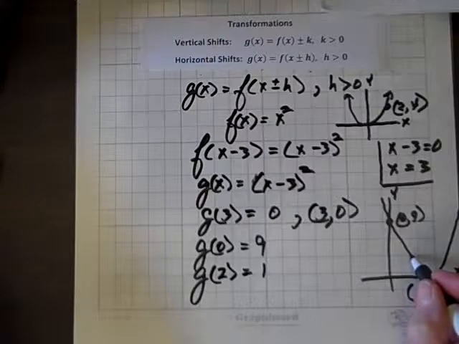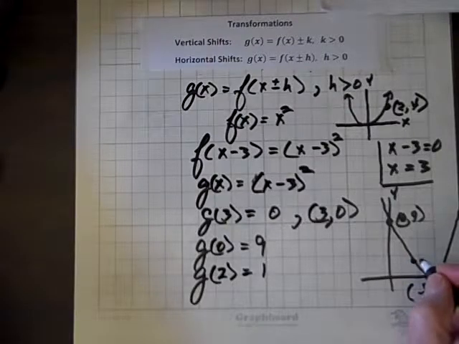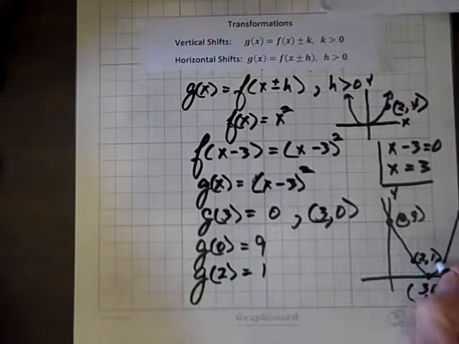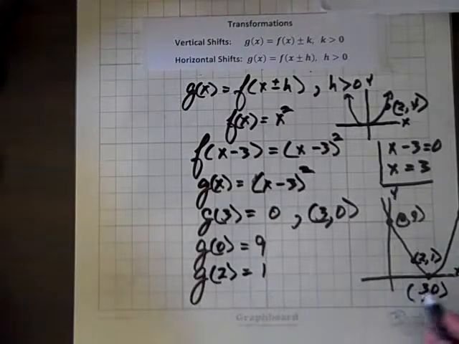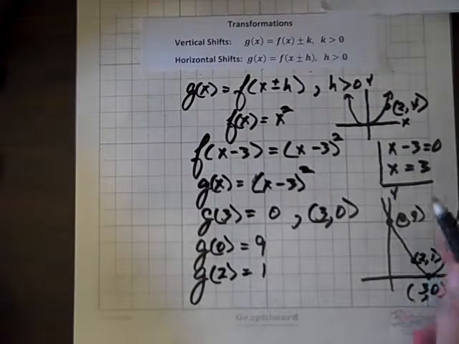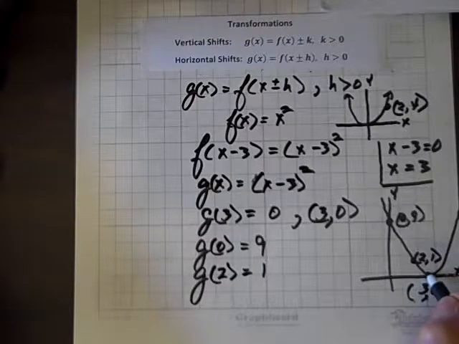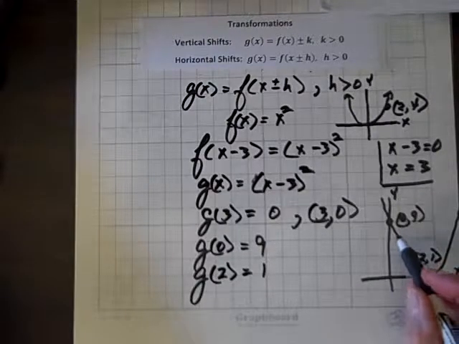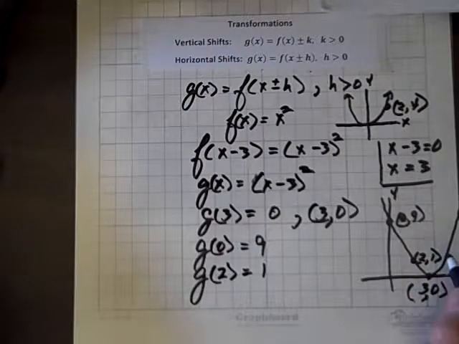So when we go over 2, we go up 1, and 2, 1. Okay, and there's a horizontal shift. Notice, the vertex was shifted 3 units to the right. Correspondingly, every point on this curve was shifted 3 units to the right. We're done.